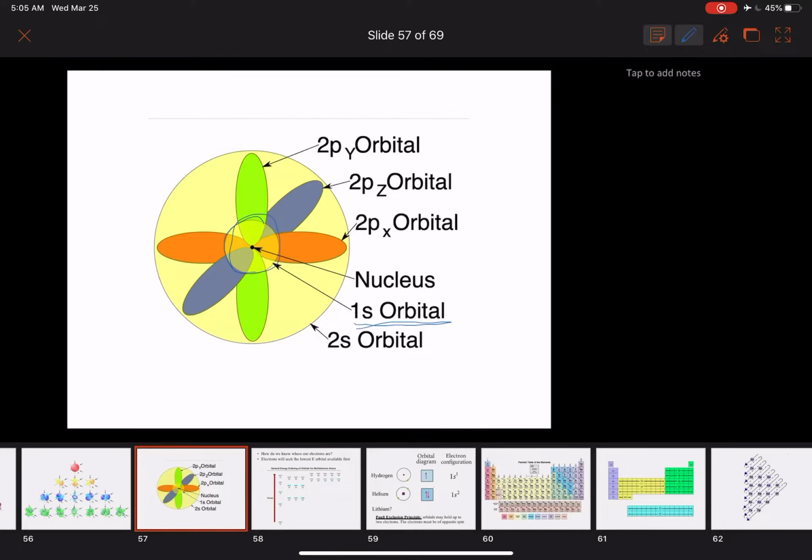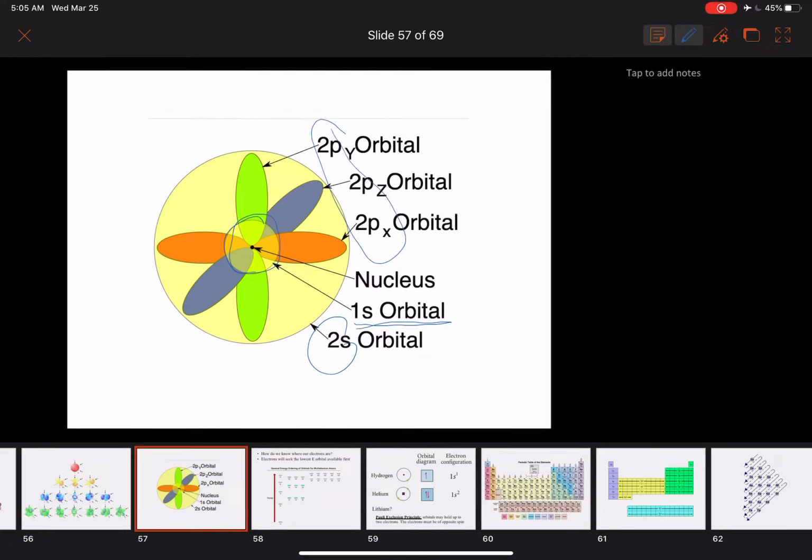Now, if we fill that 1s orbital with 2 electrons, the third electron has to go somewhere else. So we have to open up more space. So we open up what's called a shell. And in the second shell that opens up, or the second space for our electrons, we have 2 subshells. We have the 2s and we have the 2p's.